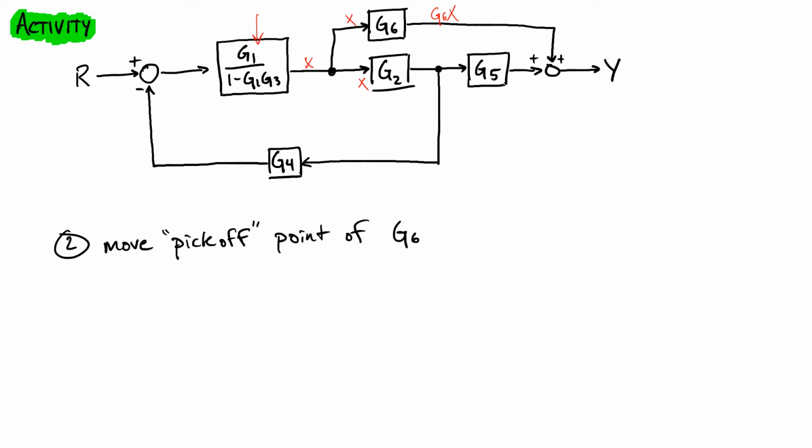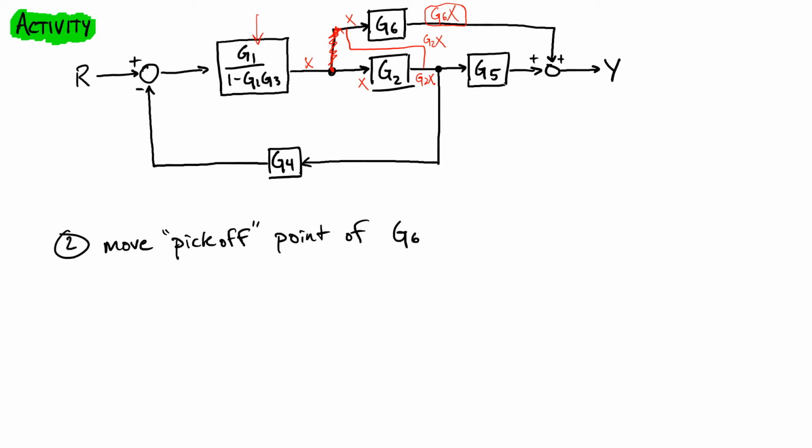If we were to change what's called the pickup point here, so the pickup point of this wire, if we were to instead put it over here and get rid of this wire, now what's going into this is now G2X. And so it would be on this wire is also G2X. But since we made that change, we need to make sure that this quantity has not changed. So the output of this block needs to still be G6X.